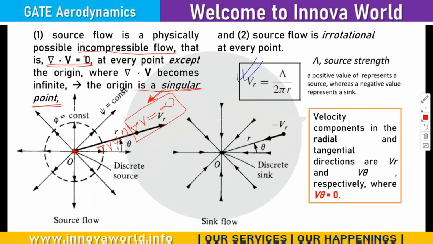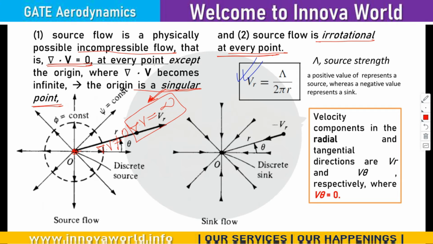Now this is for the incompressible flow. Now what about whether the flow is rotational everywhere, or focused only at the origin or all points? Here they have said that in source flow, the flow is irrotational at every point, irrespective of the origin and when it is expelling out.